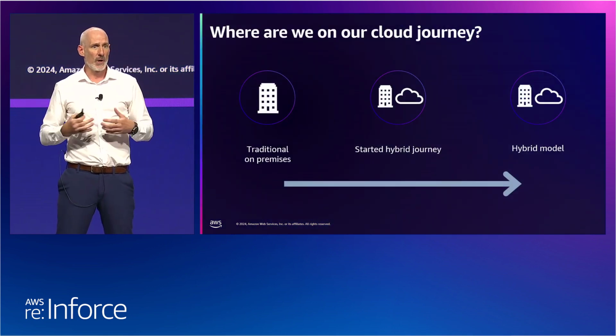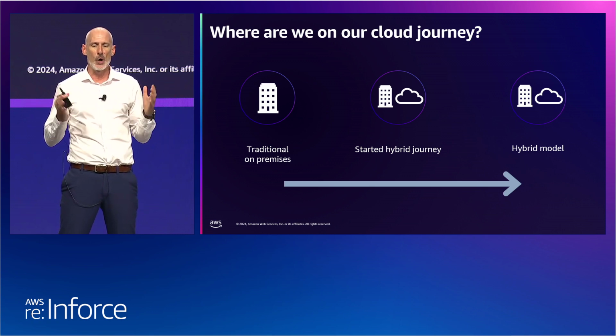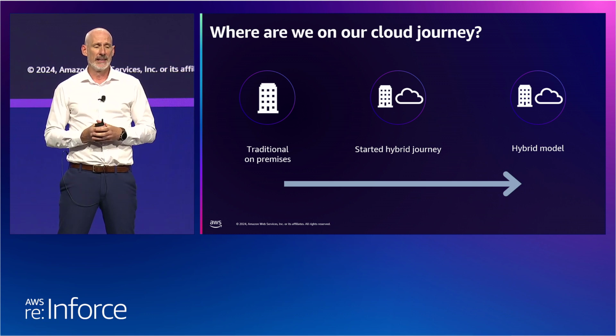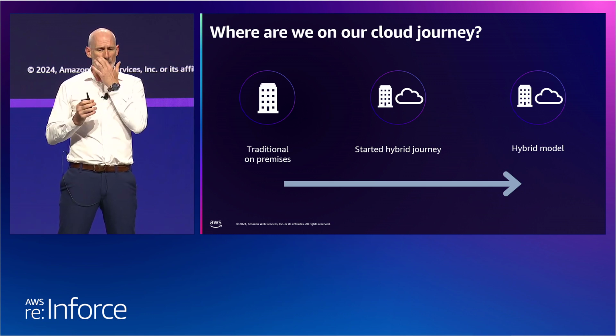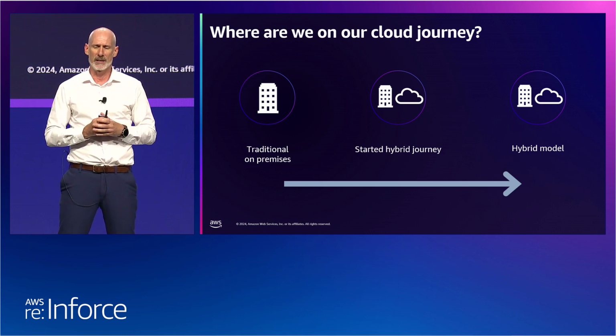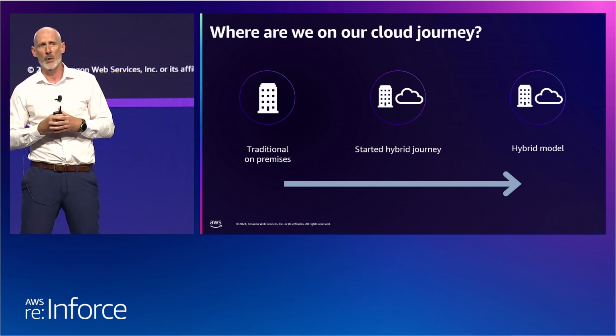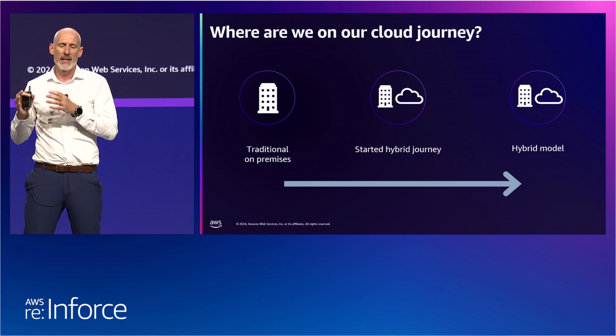So NatWest was like many companies. We've been around for a long time, and we had our traditional on-premise data centers where we ran our applications, our servers. In 2017 or thereabouts, we moved a small number of applications over to public cloud. We wanted to start to understand what it was like to operate in public cloud, both as a technology shop and as a business.